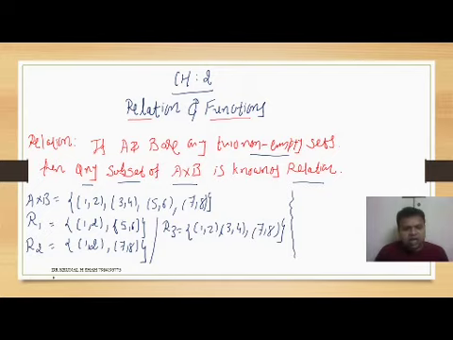The next and the most important one that you have to remember: these are the first elements 1, 3, 5, 7, and these are the second elements 2, 4, 6, and 8.